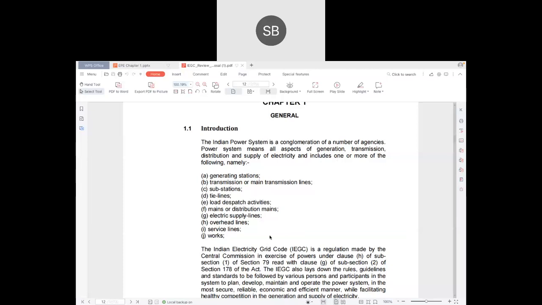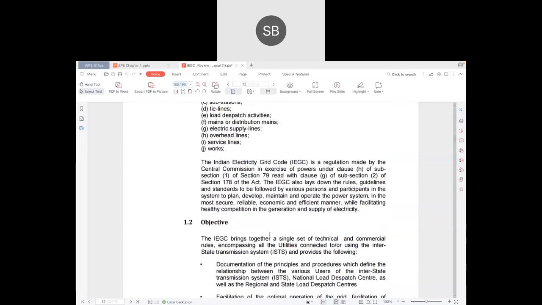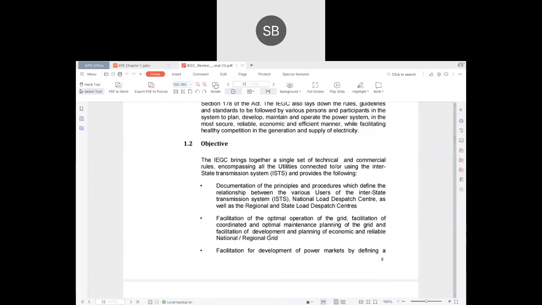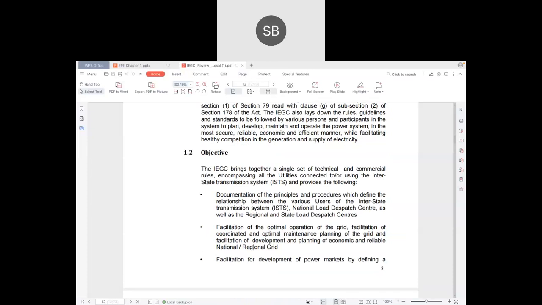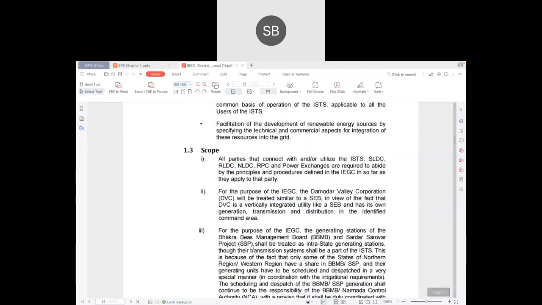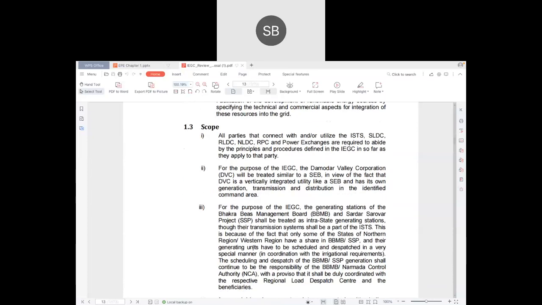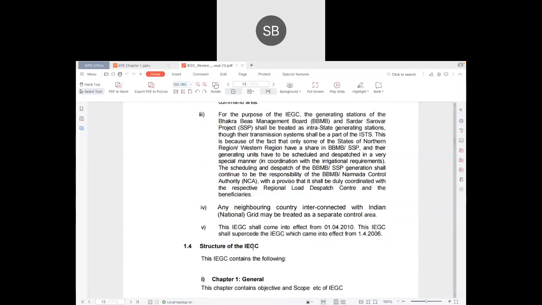Whenever we connect that, different types of supplies or devices are required. Whenever we design those devices, or construct those facilities, we have to follow some rules and guidance. All that guidance is given in the IEGC.